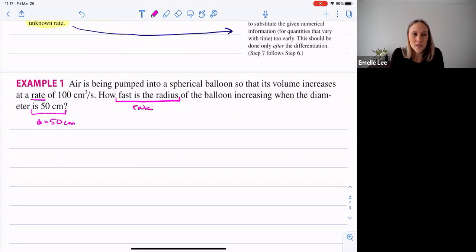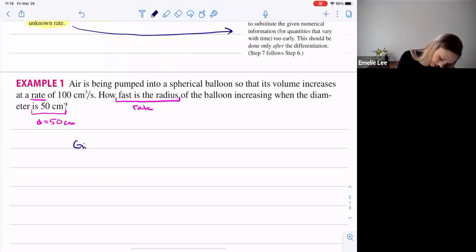Okay, let's break this down, right? I have a rate of change of the volume. I want to find the rate of change of the radius when, and then we're given the diameter.